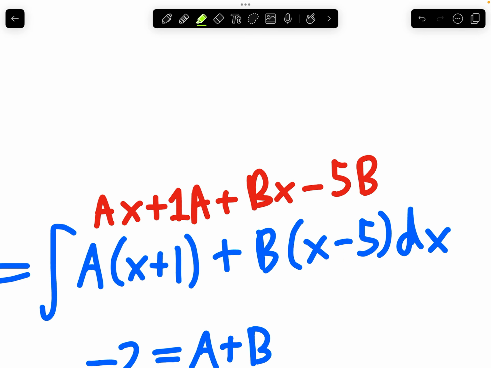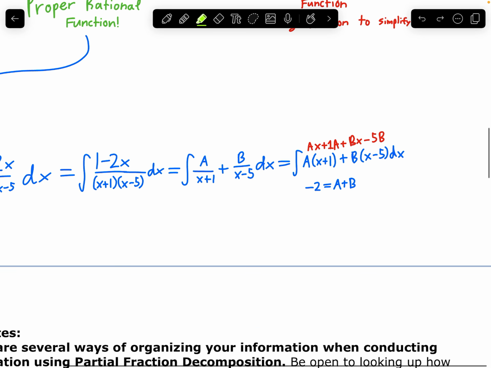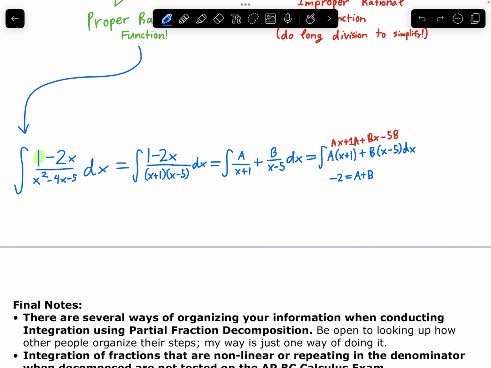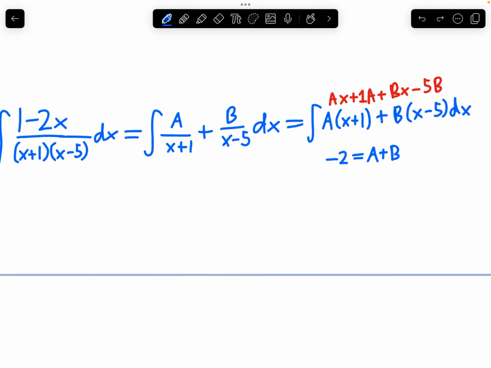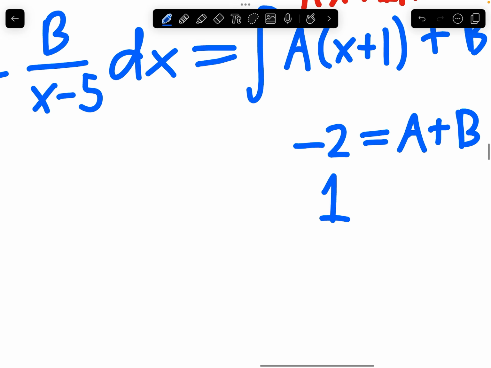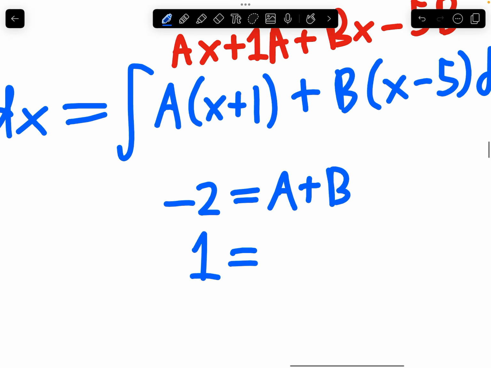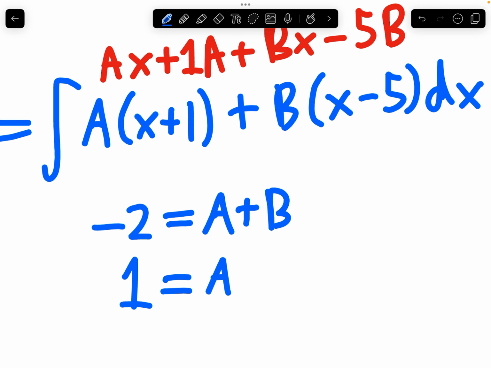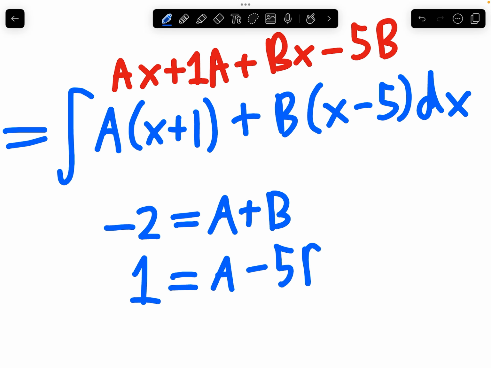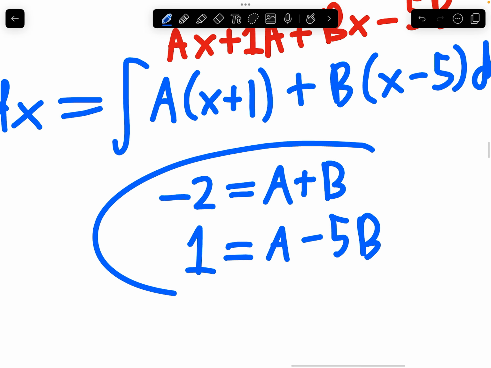Over here on this side, you'll also notice we have two terms that also have an x to the power of 0 connected to them, 1a and negative 5b. So in this case, you could have 1 is equal to a minus 5b.